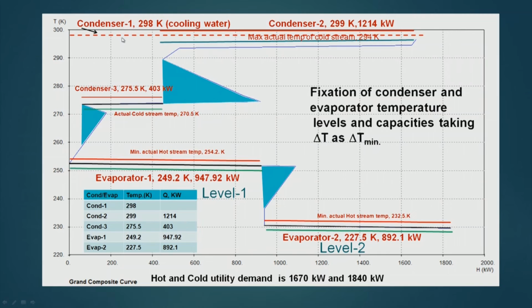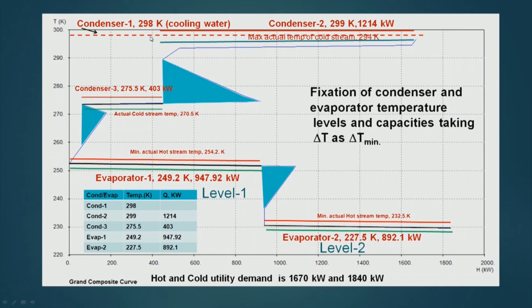Now, here we are fixing the evaporator temperatures and condenser temperatures. There is water available here at 20 degrees centigrade. We add 5 degrees delta T to this, and the temperature of condenser number 1, which is using cooling water, comes up to be 298 Kelvin.